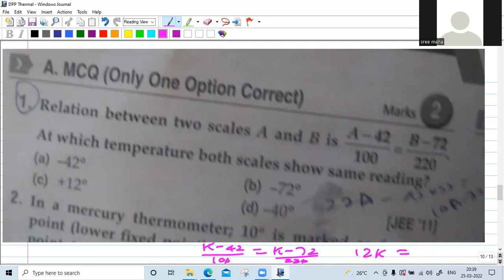20 times 42 minus 720. So what is 22 into 42? 42 twice is 84, right?